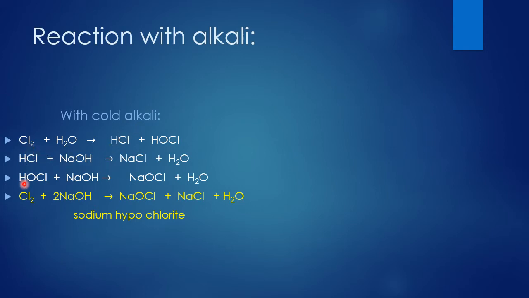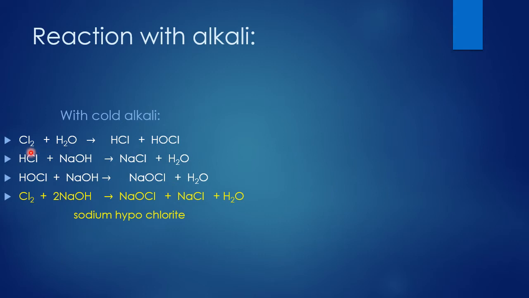Then the reactant side Cl2 remains because there is no Cl2 on the product side. Cl2 plus how many NaOH? 1 NaOH, another NaOH, 2 NaOH. I just cancelled HCl. Now I'm going to cancel OHCl. Another one, the water molecule: reactant side 1 water molecule, product side 2 water molecules. I am cancelling 1 water.